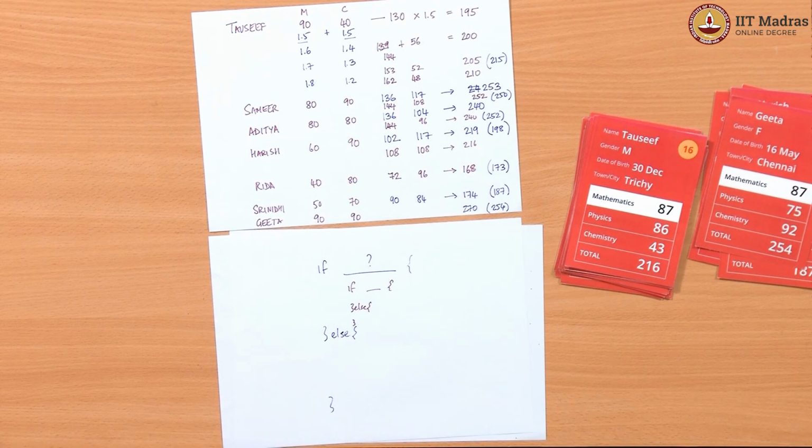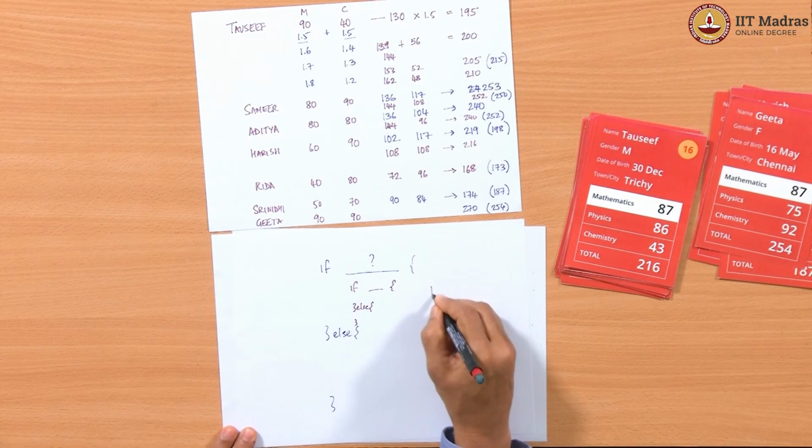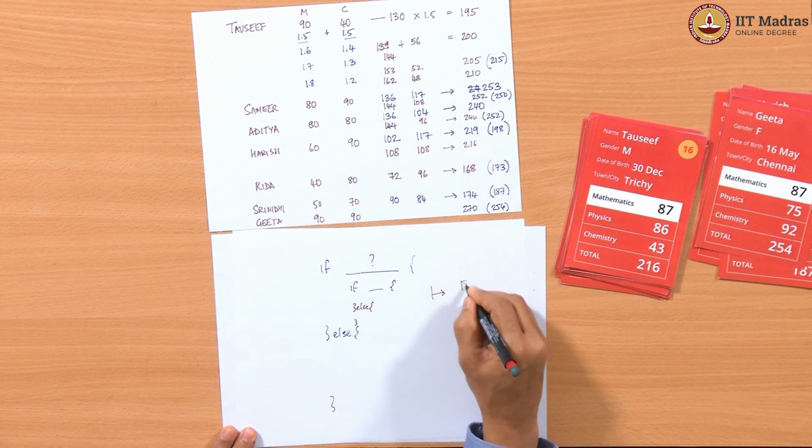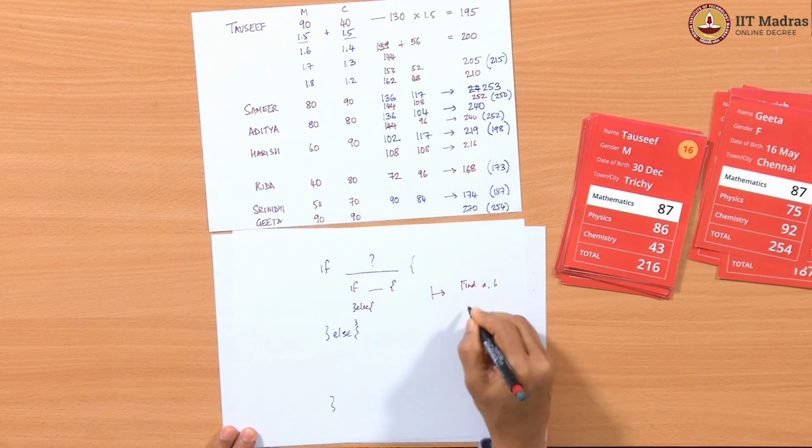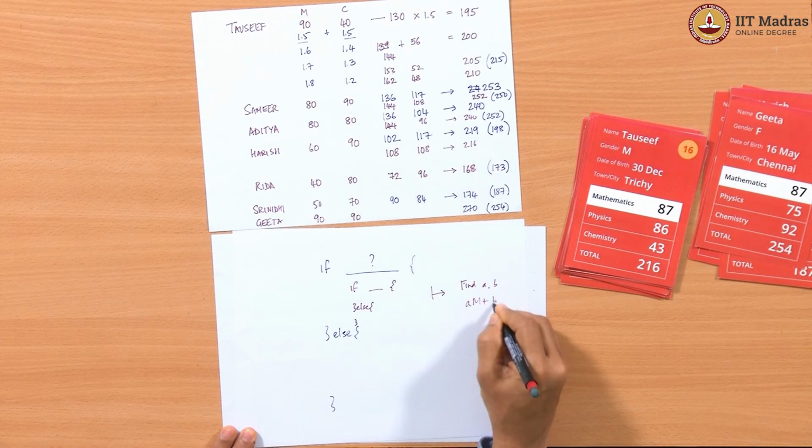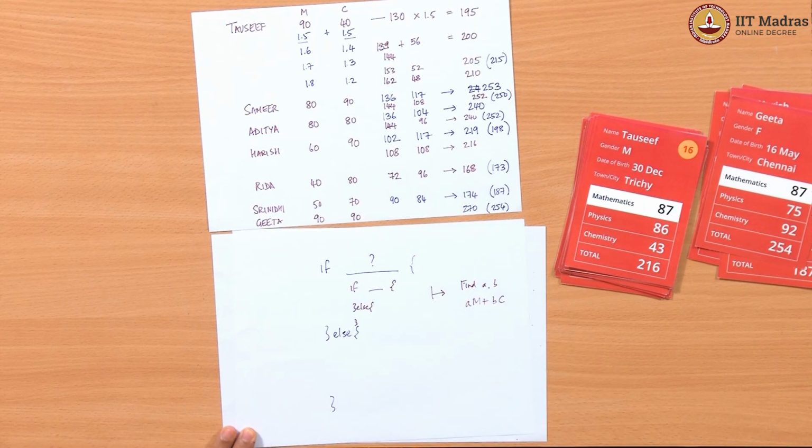So the other option is here instead we could say find A, B for this, and here we find a different pair, maybe C, D. So we'll get CM plus D, and these two may not be the same, because at the top level, when we are going down the tree, a different question could be asked depending on which branch you take.